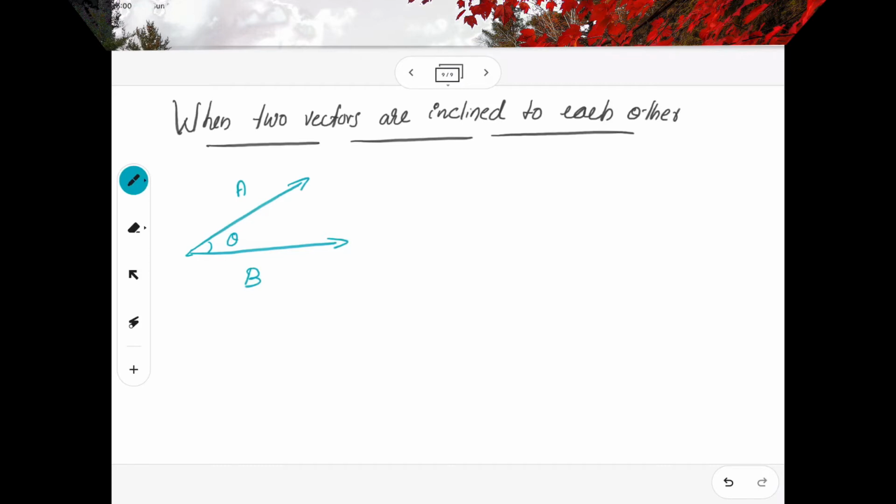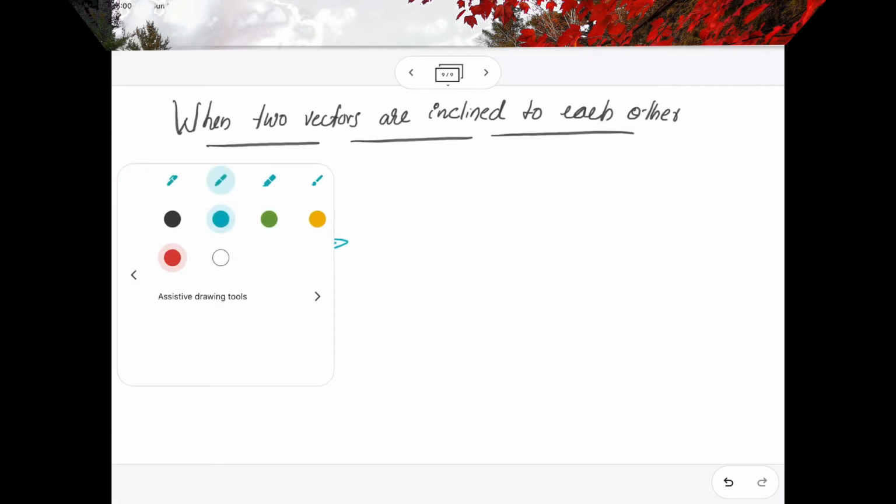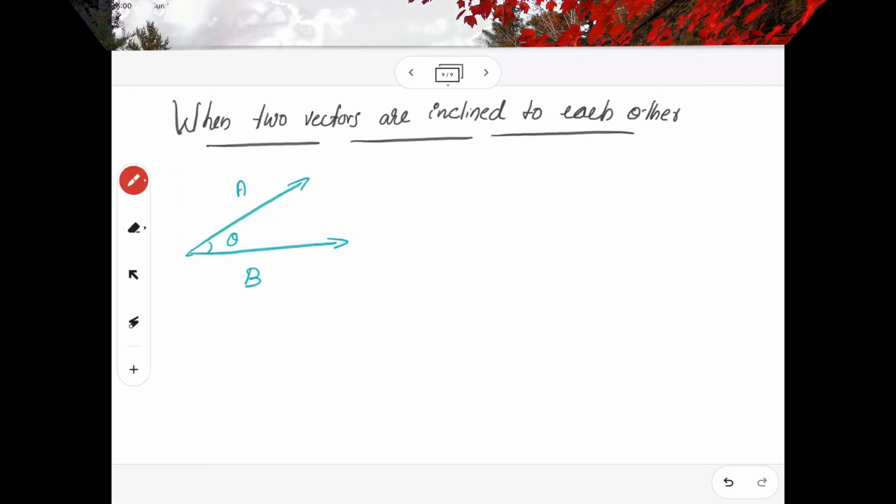So in this condition, what is the other method? Here we will be using two different methods. They are what we call the triangular law of vector addition, and another one is the parallelogram law of vector addition. So let me tell you what the triangular law of vector addition is.